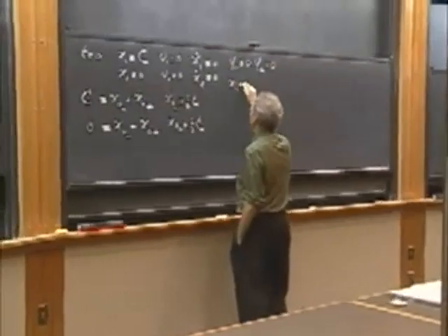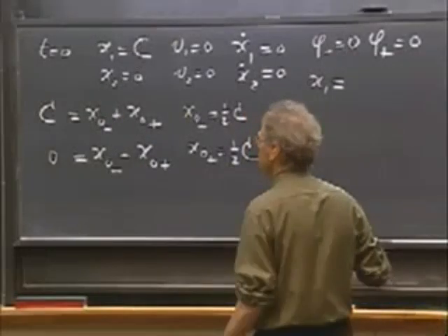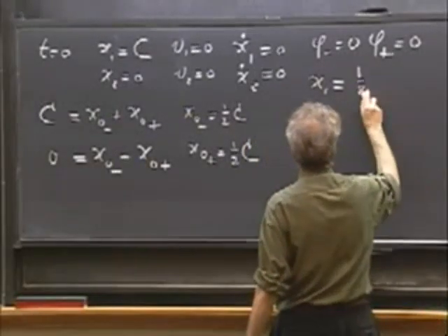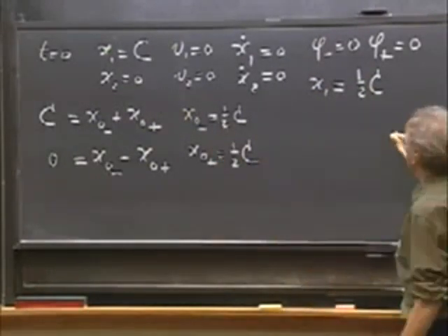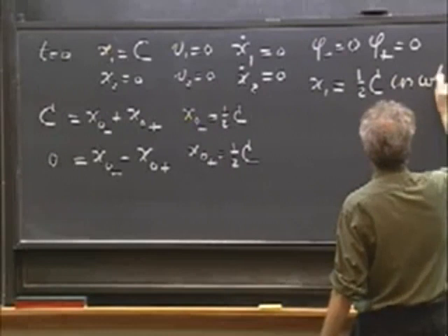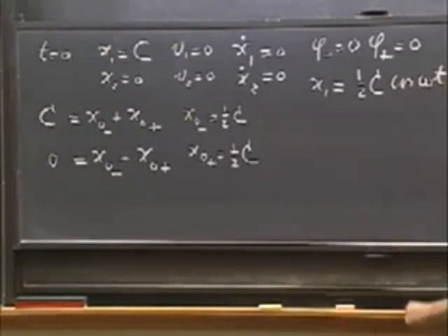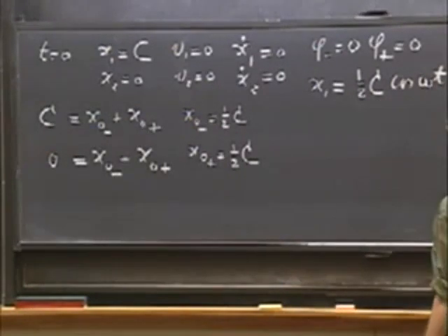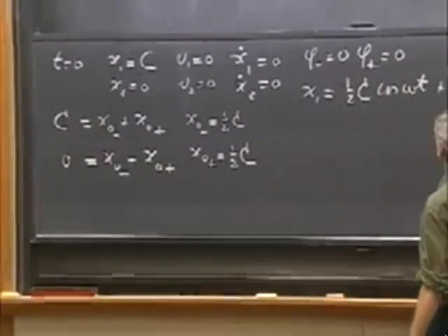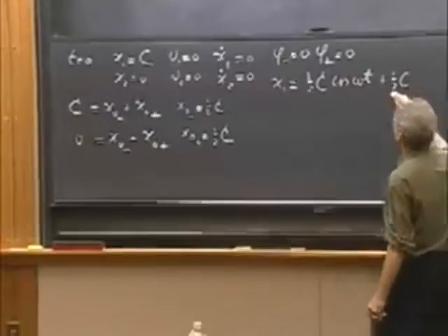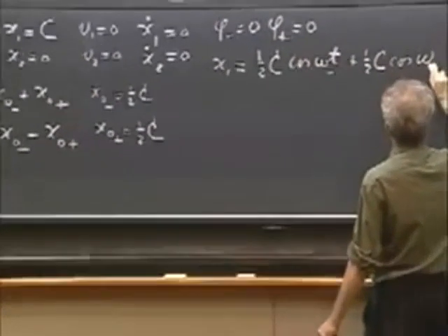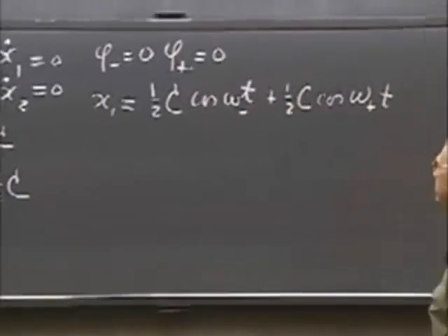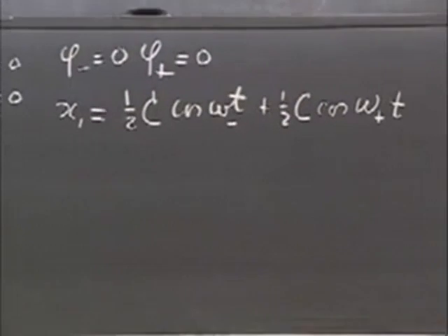So x1 is going to be 1/2 c. Remember, we found that it's 1/2 c times the cosine of omega minus t, because phi is 0, plus 1/2 c times, this is a plus, by the way, cosine omega plus t. That is x1.